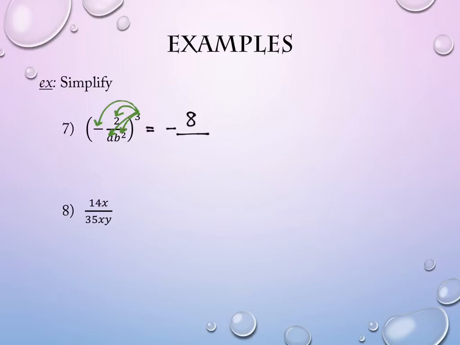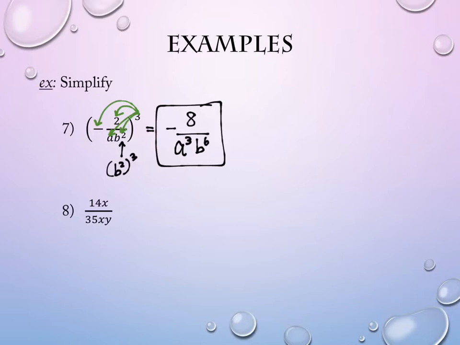On the bottom, a cubed. That's just a cubed. But then here I have b squared cubed, b to the 6th, much like the last problem, right? And if you want to see more pieces of that, you can write more of that out.